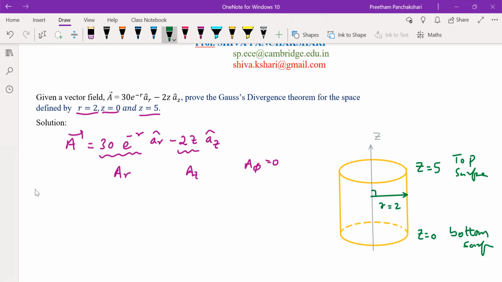Now let us go to the equation of Gauss divergence theorem.